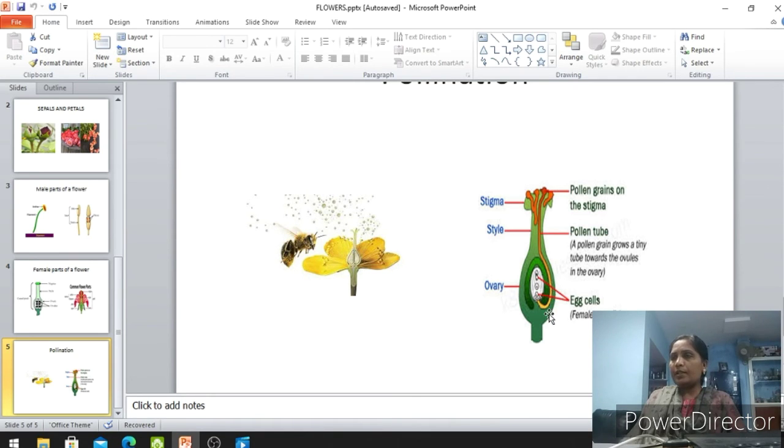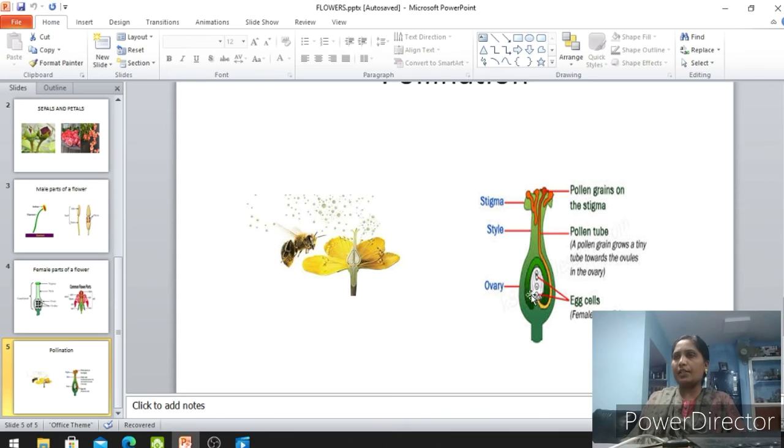This pollen tube has two male nuclei. So the pollen tube is carrying two male nuclei into the ovary. One male nucleus fuses with one female nucleus. That is known as fertilization.